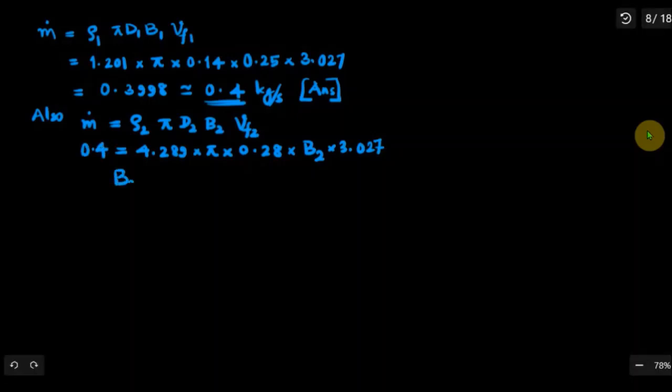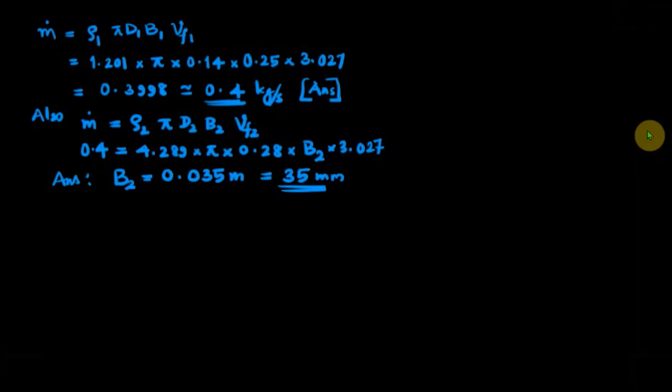So you calculate the width of the impeller blade at outlet, and you will get 0.035 meter, that is 35 mm. So this is also part of the answer. We obtained the mass flow rate and also the width or breadth of the impeller at outlet.